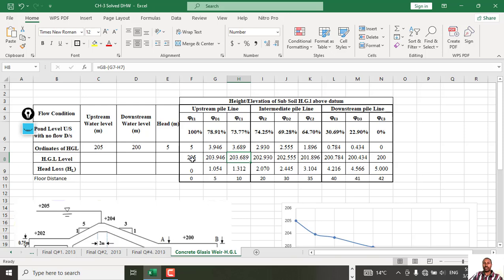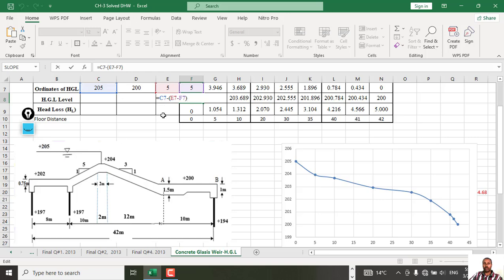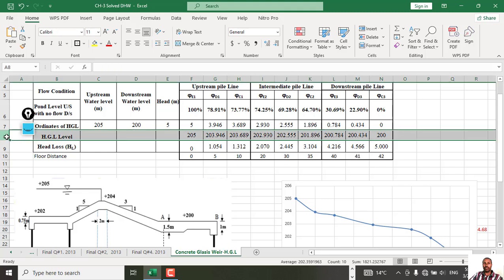Clear? So for the elevation, the drop from 205, you subtract the total head you have, then you subtract this one, and then you get the elevation. So the hydraulic grade line elevation will be computed like this.